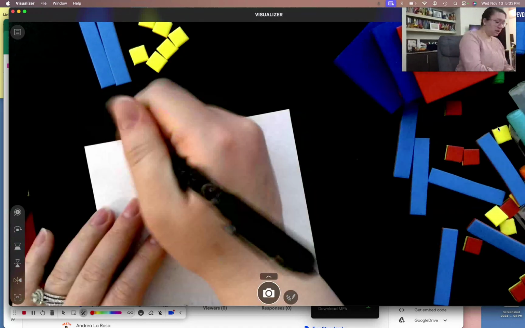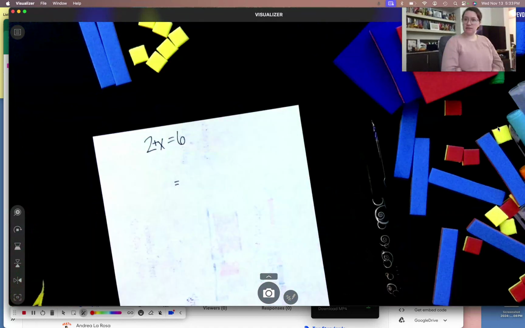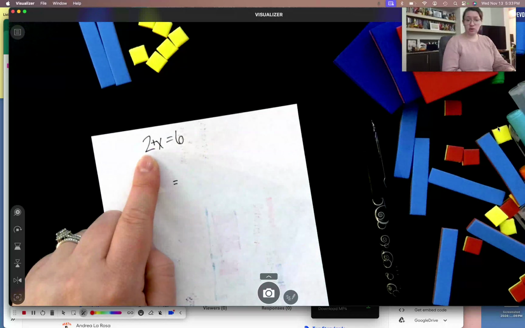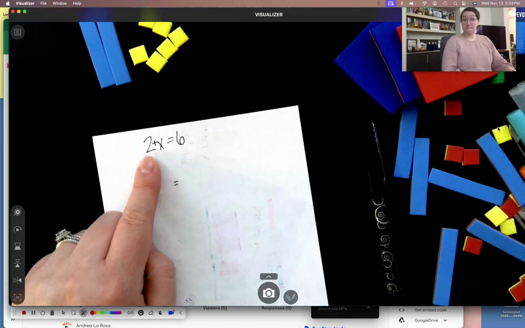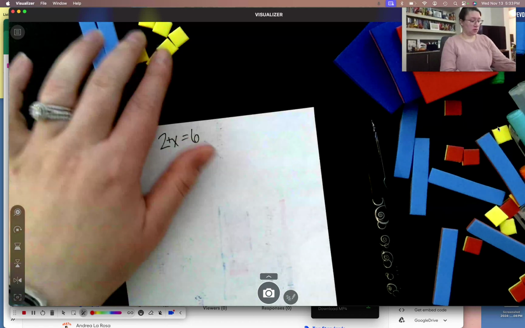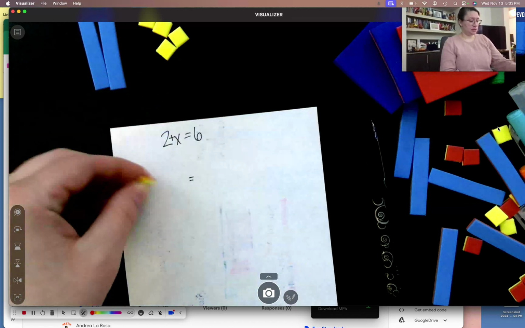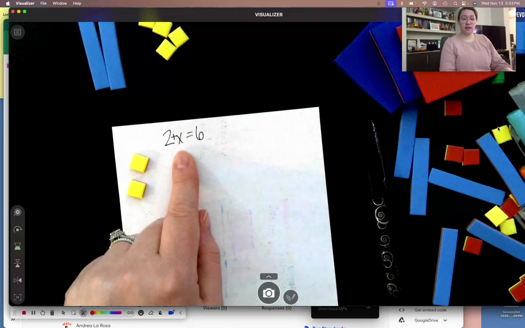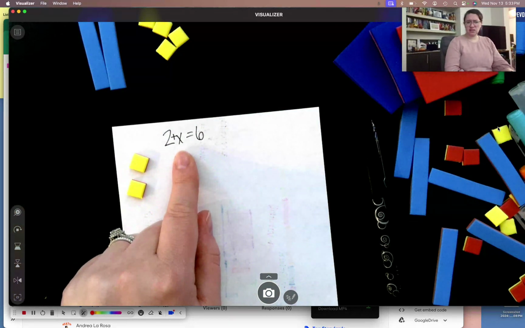Let's try 2 plus x equals 6. A little bit different. Because now, is this 2 a coefficient anymore? Now it's a constant. How would I build 2 as a constant? Yeah. 2 of these yellow pieces plus x. How many x's do I need? It doesn't say. Just 1 x.